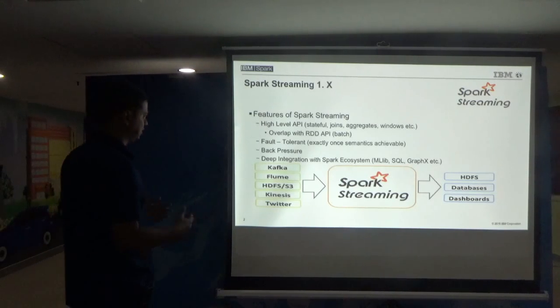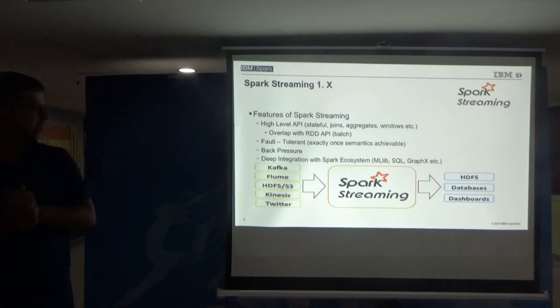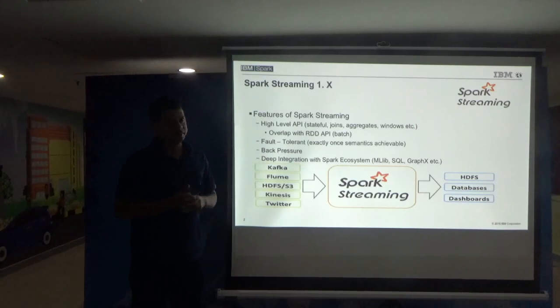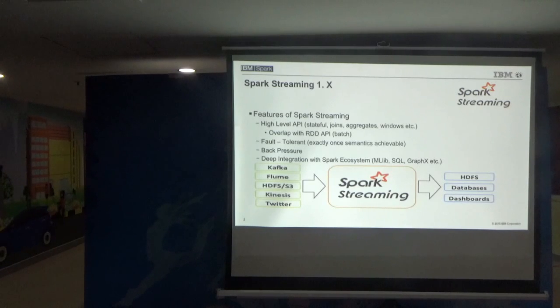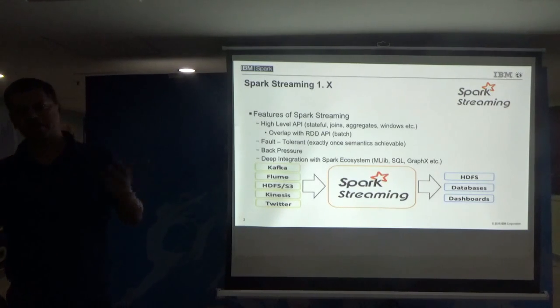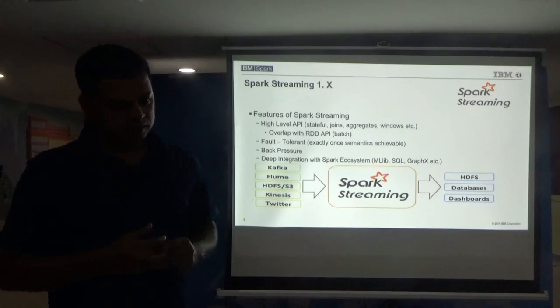That feature was there, and you could do windows. I don't know between Flink and Spark who came first, but one of the things Spark Streaming specifically focused on was the exactly-once semantics that you wanted, and fault tolerance, so they covered that. There were also things like back pressure, and it integrated with the ecosystem.